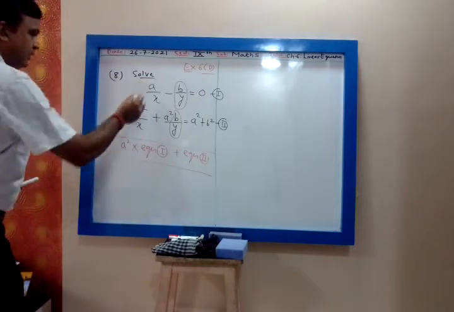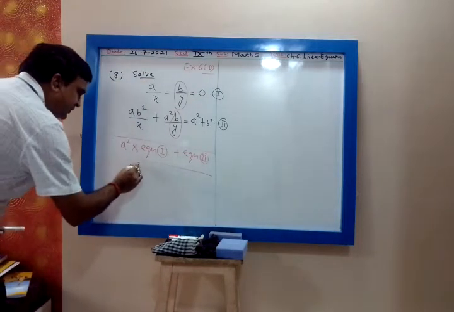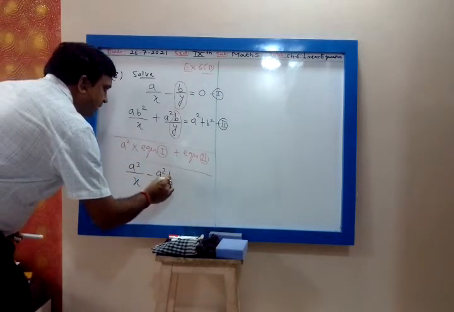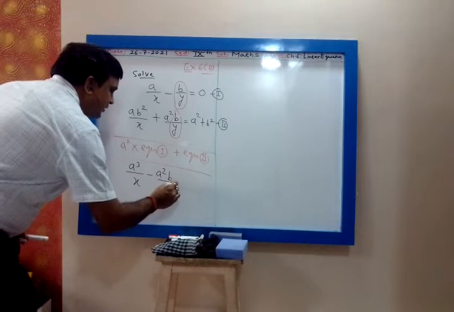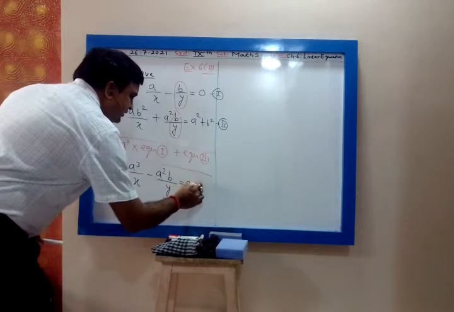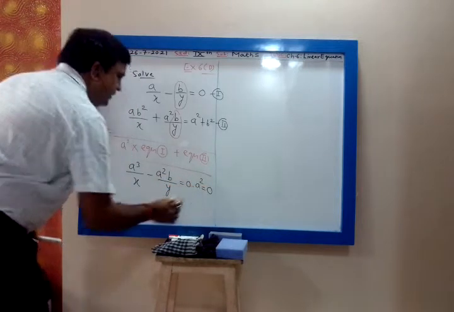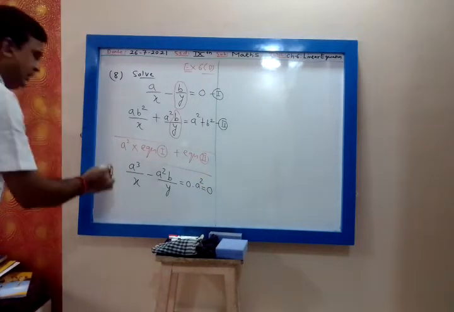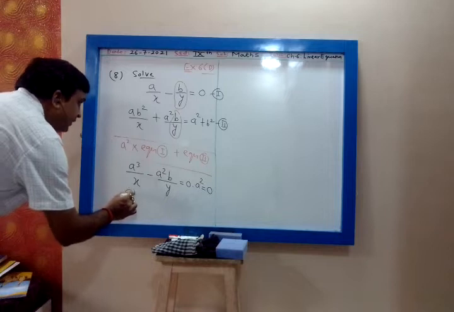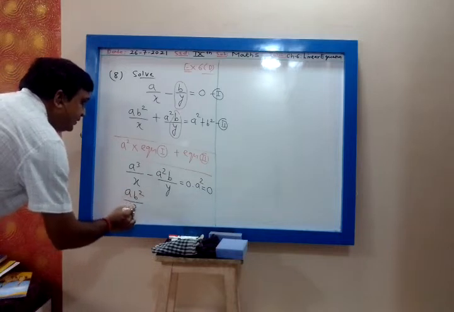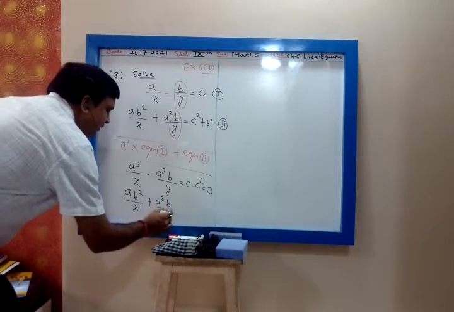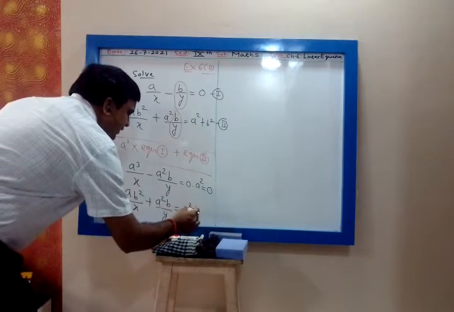So a square into a will be a cube upon x minus a square b upon y is equal to 0 into a square, and 0 into a square will be 0. Then ab square upon x plus a square b upon y is equal to a square plus b square.